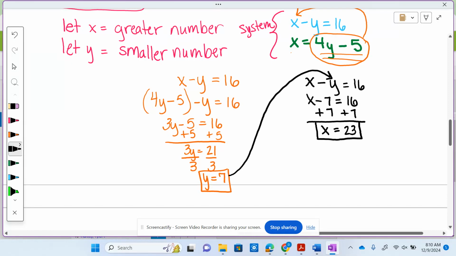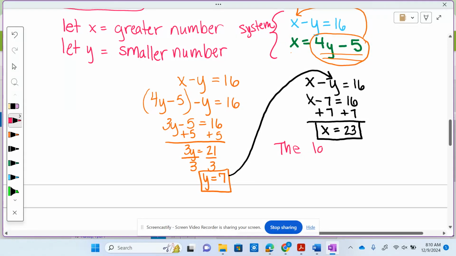Is 23 larger than 7? Good. So we set that up right. So we have to give a word statement. Here, let me rewrite that. Sorry. Okay.